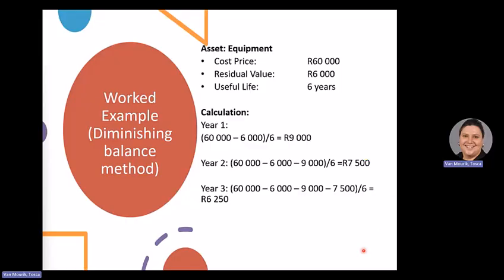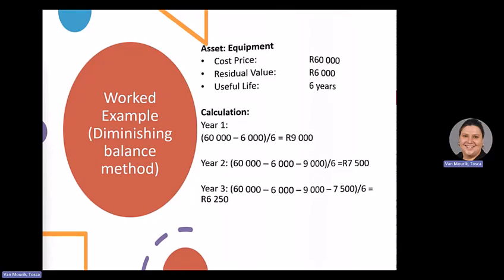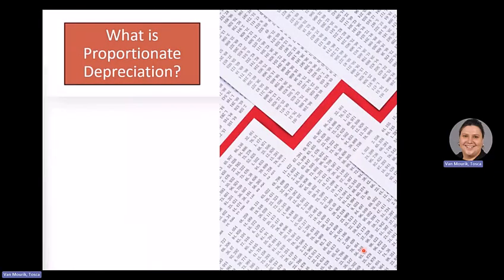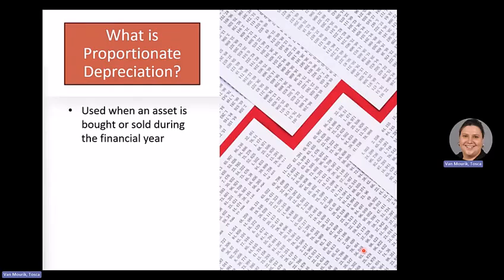Now this is the plain simple ones. Let's look at when we have to proportionate the depreciation. What does that mean? That means it's not always an easy example where we have purchased equipment, fixed assets, on the first day of the financial year. Sometimes we are buying assets during the year, not always at the beginning.